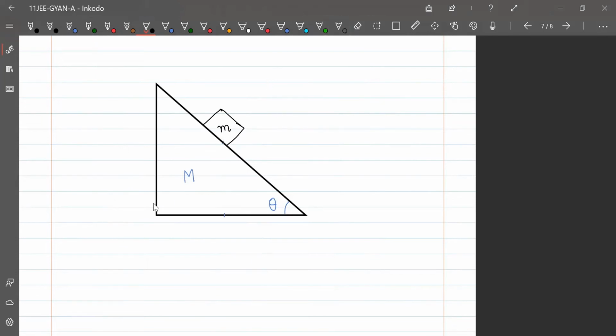This is of course kept on the ground, and the ground is frictionless. All the surfaces are frictionless.